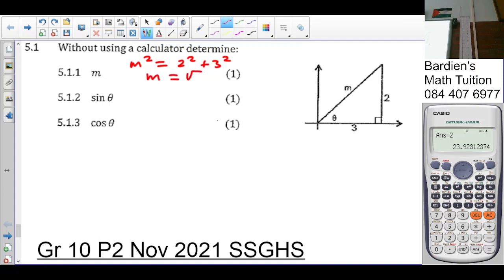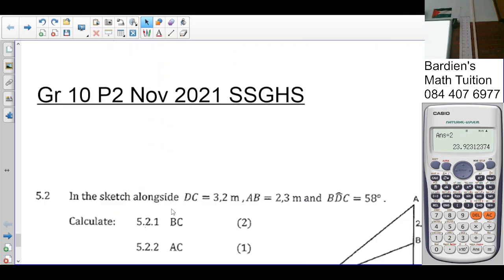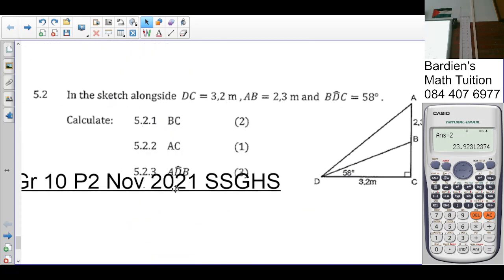So m is the square root of 13. Sine of theta: sine is opposite over hypotenuse, so it's 2 over root 13. Cos is your adjacent over hypotenuse, so it's going to be 3 over root 13. Okay, question 5.2.